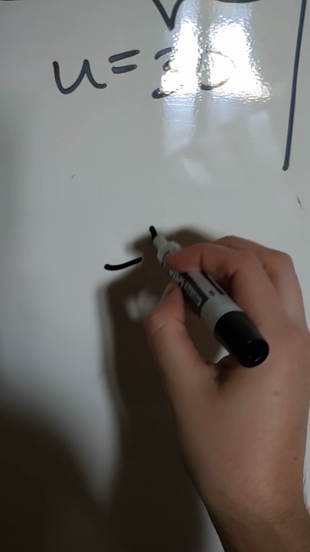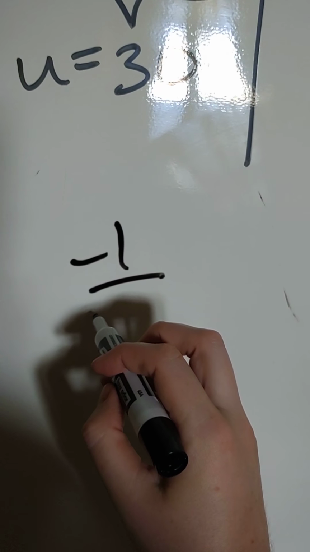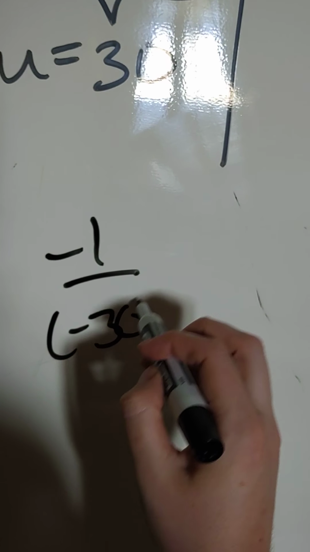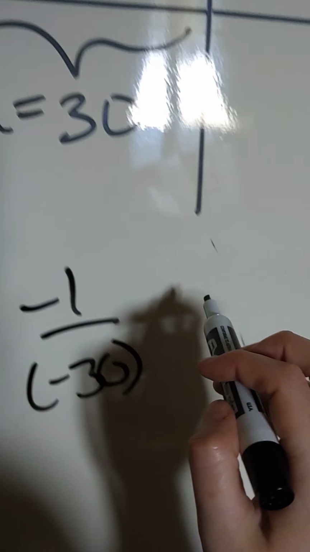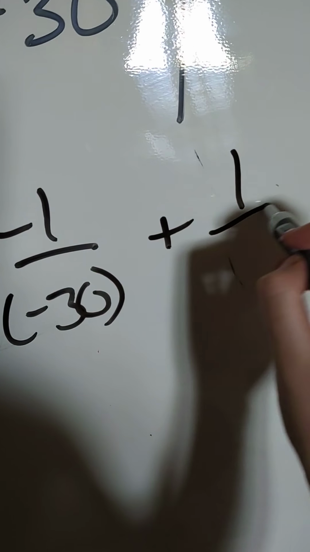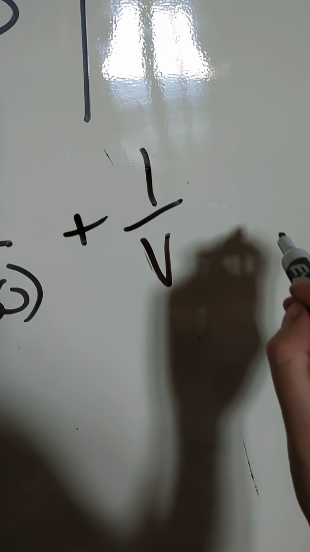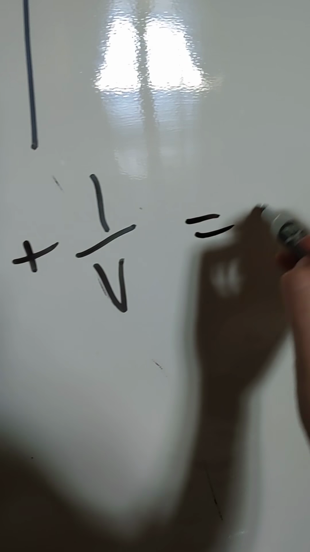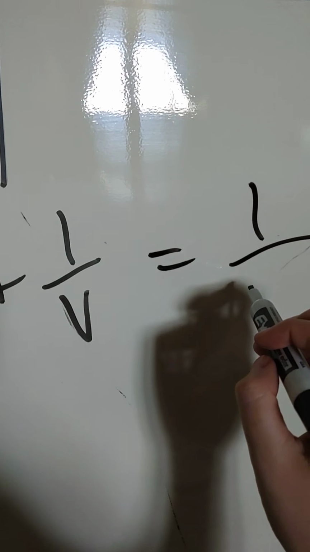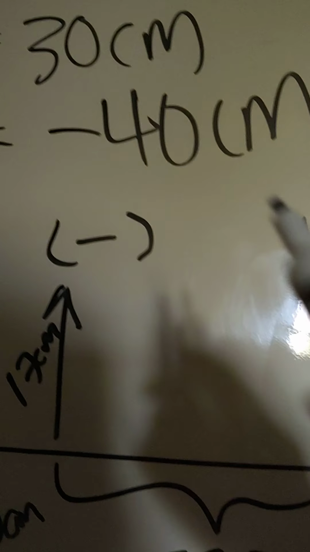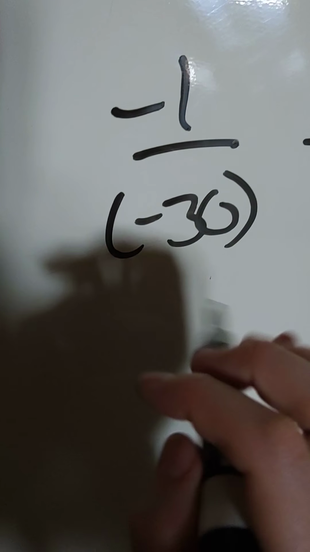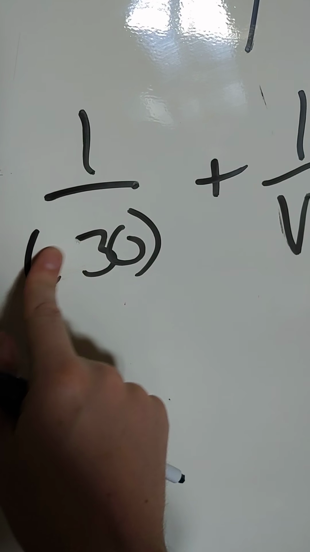So negative 1 over U, which in this case U is negative 30, plus 1 over image distance equals 1 over the focal length, which we were told was minus 40. This becomes positive because there's 2 negatives.